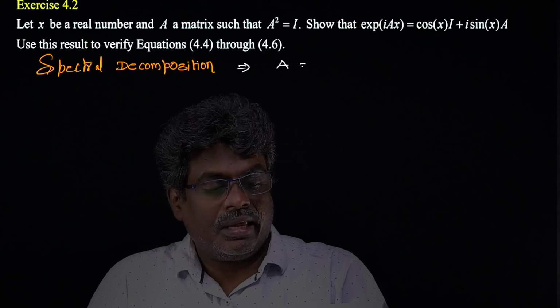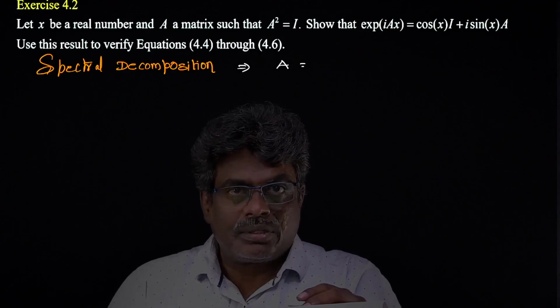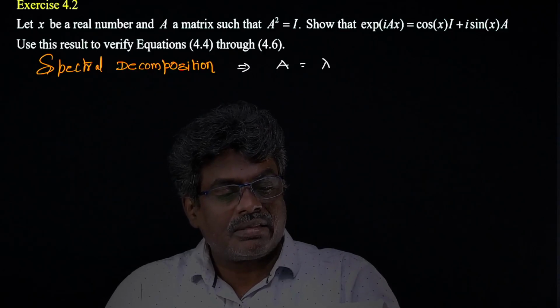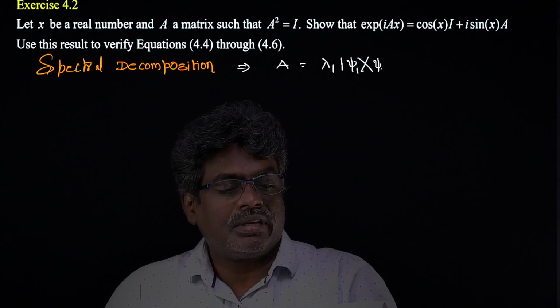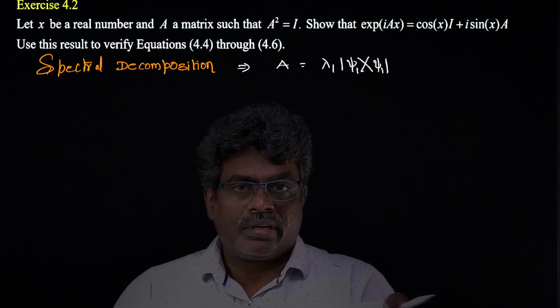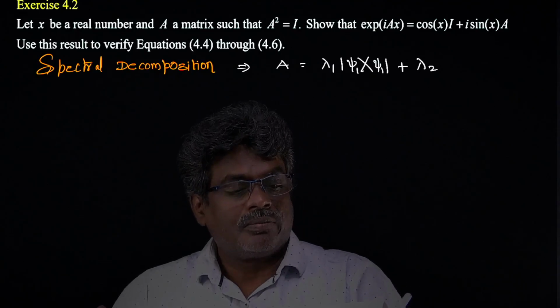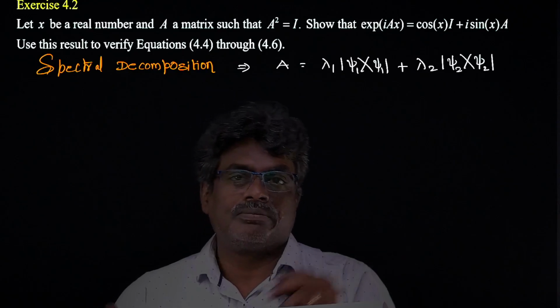Let us say A is an operator or a matrix whose eigenvalues are lambda 1 and lambda 2, and eigenvectors are psi 1 and psi 2. Then we can write A as lambda 1 times the outer product of the corresponding eigenvector, plus lambda 2 times the outer product of the eigenvector corresponding to the eigenvalue lambda 2.